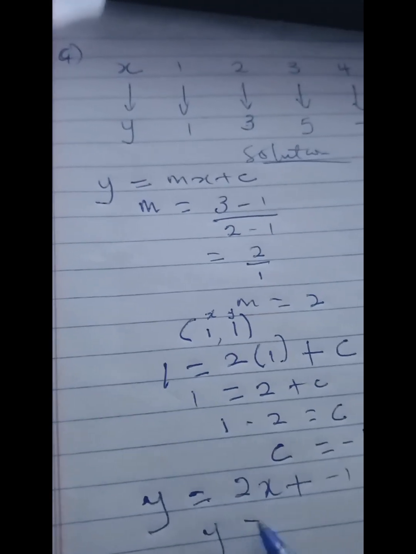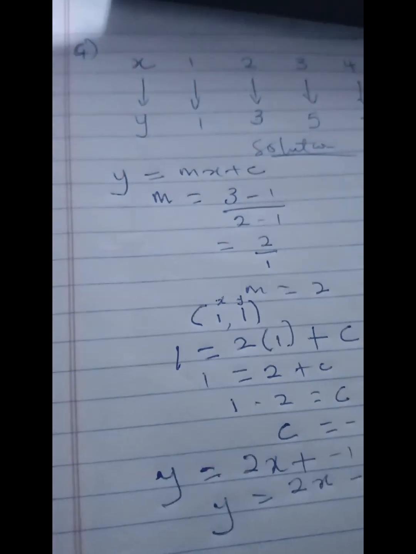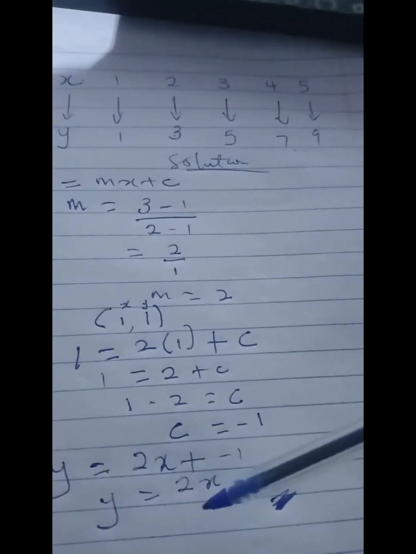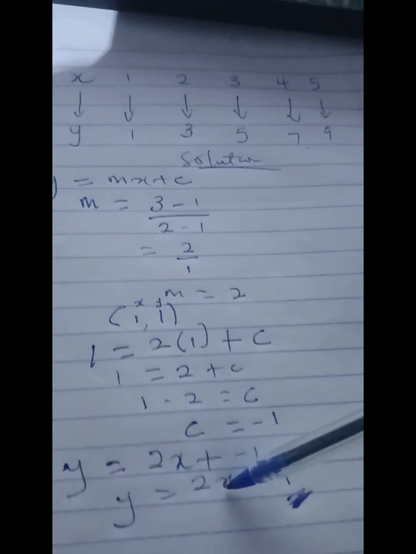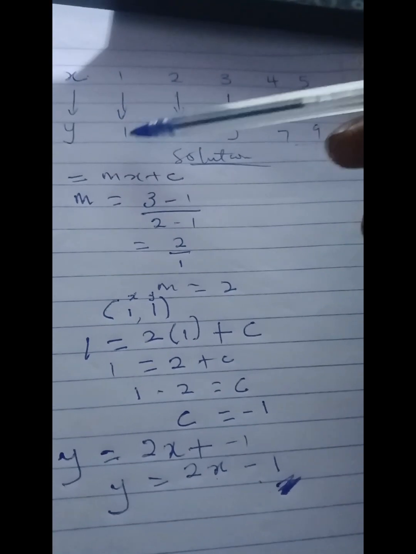So I can say y is equal to 2x minus 1. And this is the rule. This rule is saying that if we multiply the x value by 2 and then subtract 1 from it, it will give us the subsequent y value.